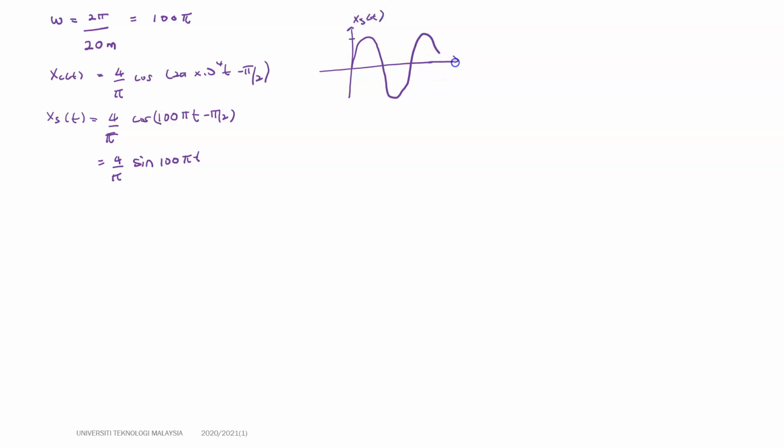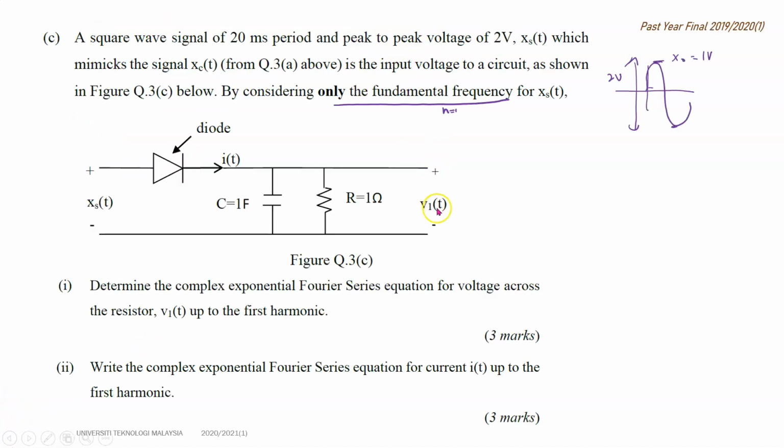So this is xt, this is t, and the duration here is 20 milliseconds. To obtain V1t, this xt has gone through this diode. If it has gone through this diode, we have to consider only the half wave, because it has been rectified.